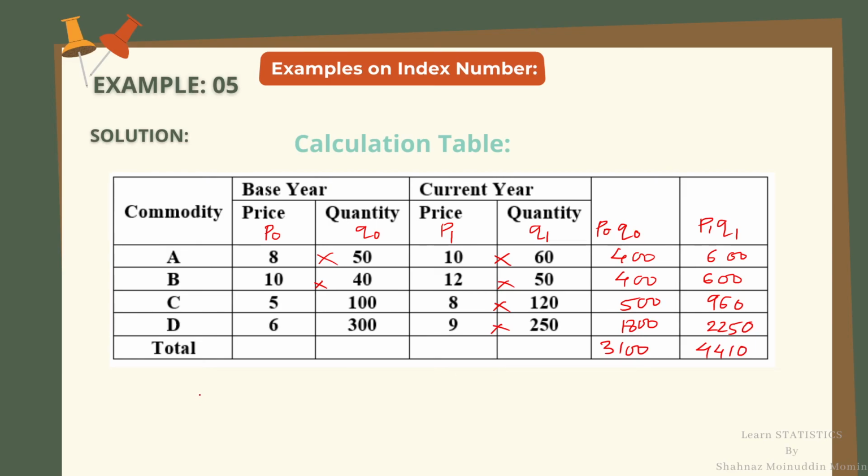So the value index V01, the value index for the current year with respect to the base year, is summation P1 Q1 upon summation P0 Q0 into 100.